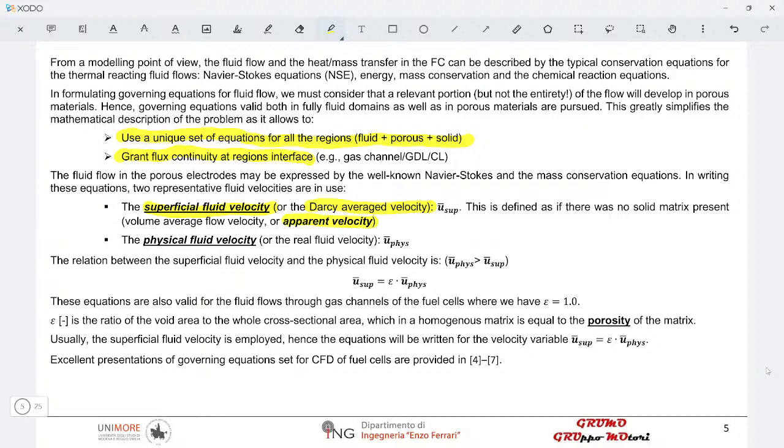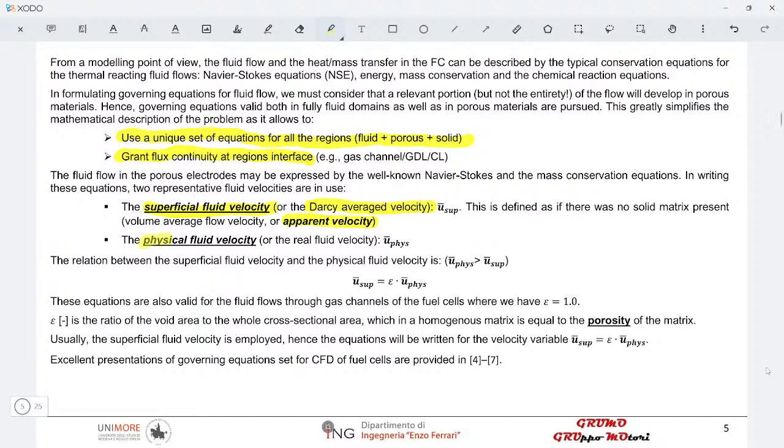So we would say that the fluid is slow when it moves inside a porous material. If we zoom in on the small void spaces, we will see that each fluid particle actually has a rather high velocity because the available section is reduced. But when we look at it from far away, we will have a slow fluid velocity in a porous material. And this is the apparent velocity.